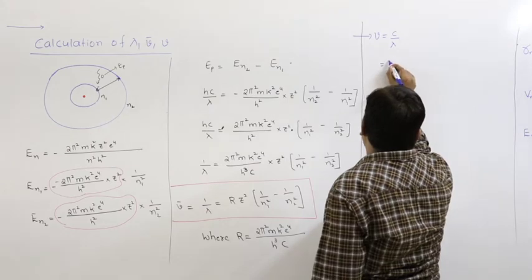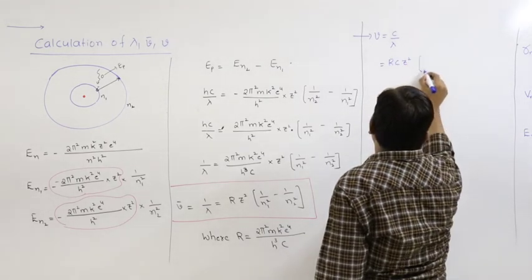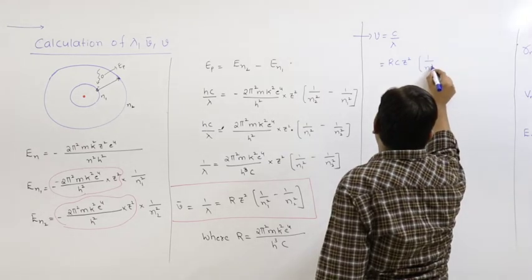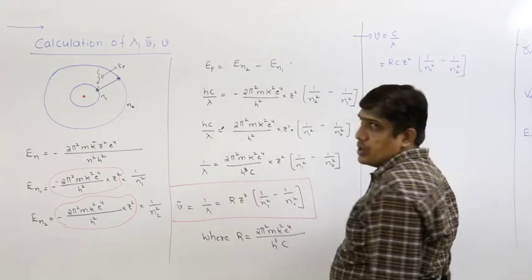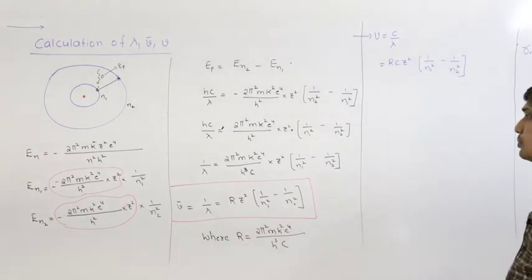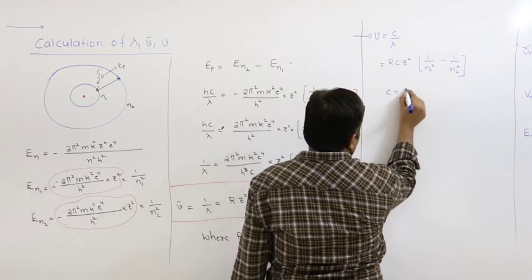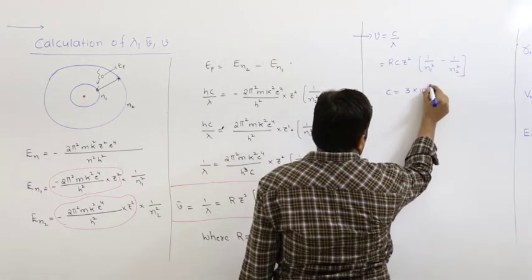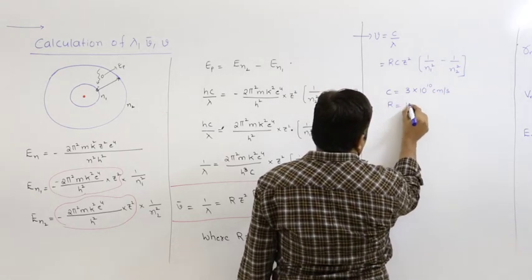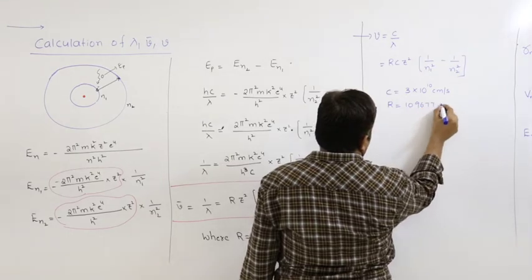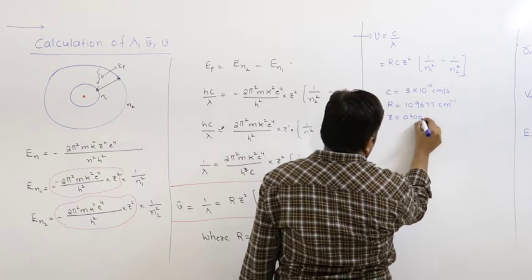What I will get is R c Z² × (1/n1² minus 1/n2²). Right. R is the Rydberg constant. C is the velocity of light, 3 into 10^10 centimeters per second. R is the Rydberg constant, 109677 centimeter inverse, where Z is the atomic number.